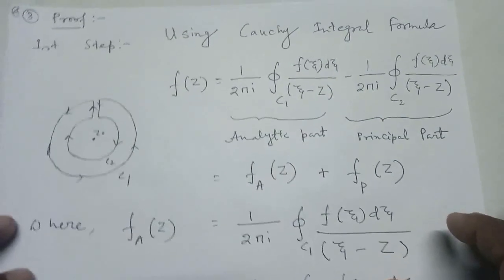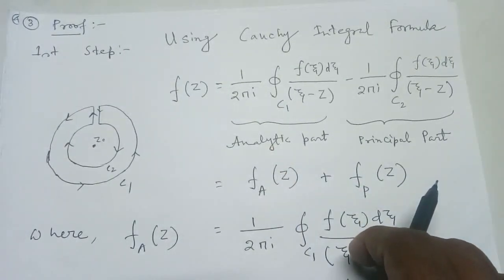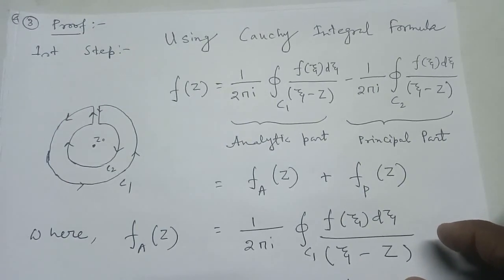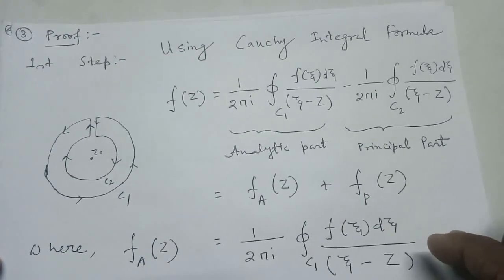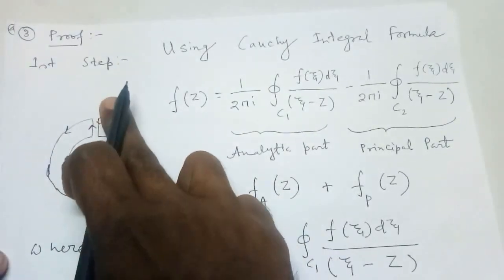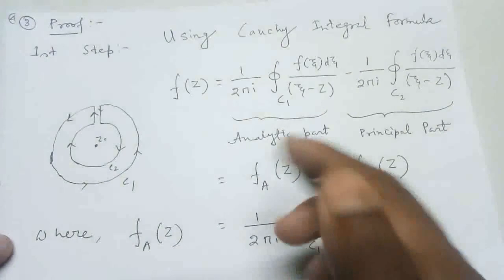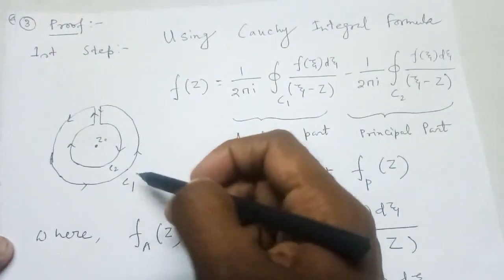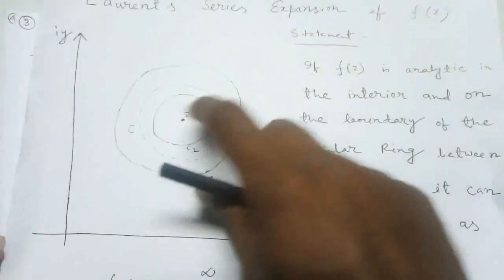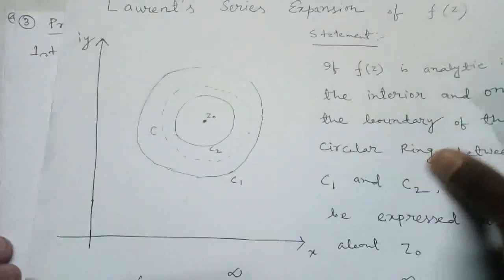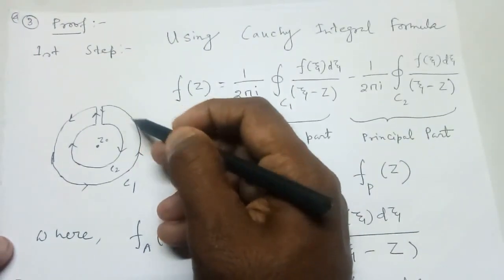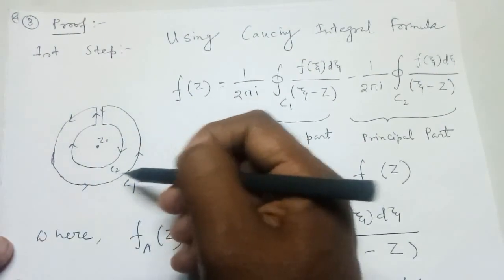We will do the proof of Laurent series expansion of function of z using 4 steps. So let us discuss the first step. In our first step we will take out the two contours from this figure. We take these two contours and redraw them, and we bound this region using these two contours.